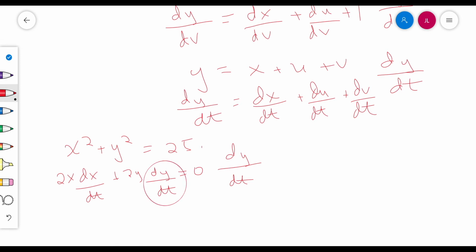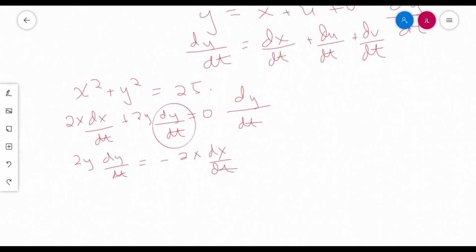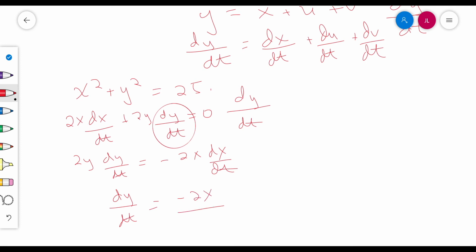I subtract 2x dx/dt from both sides, and I get 2y dy/dt equals negative 2x dx/dt. And dy/dt is negative 2x divided by 2y times dx/dt, or negative x over y times dx/dt.